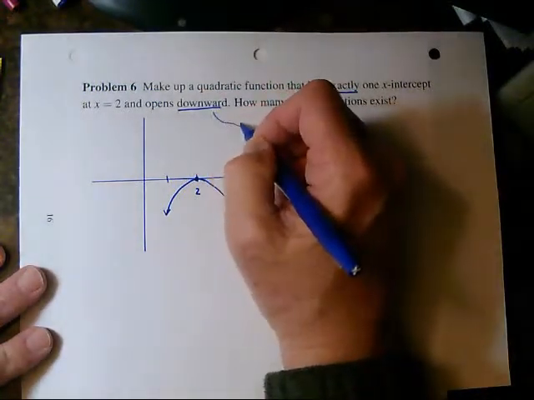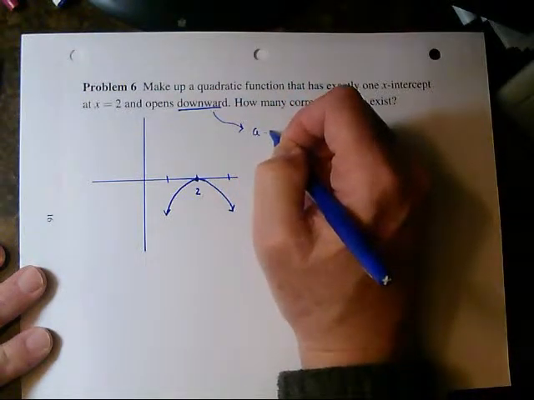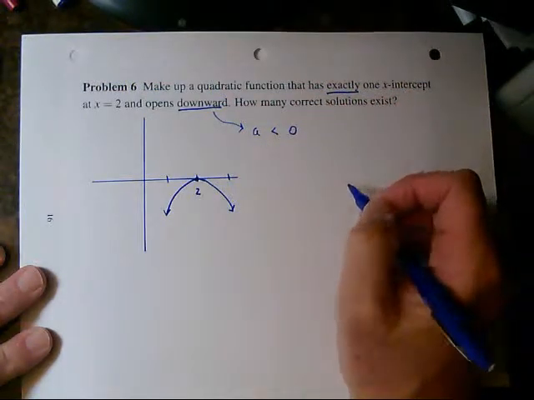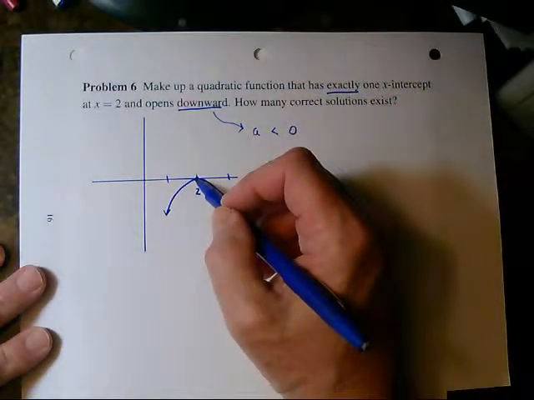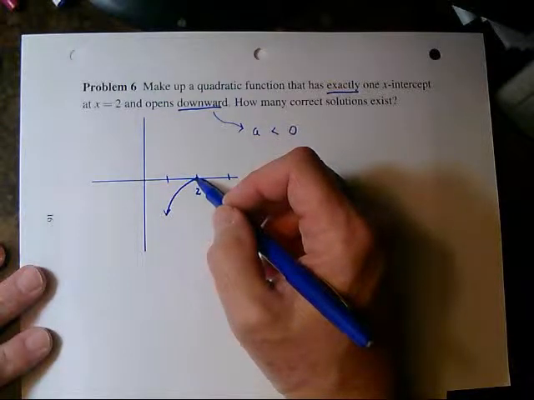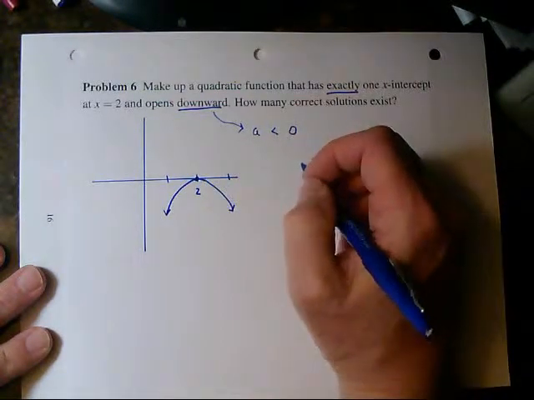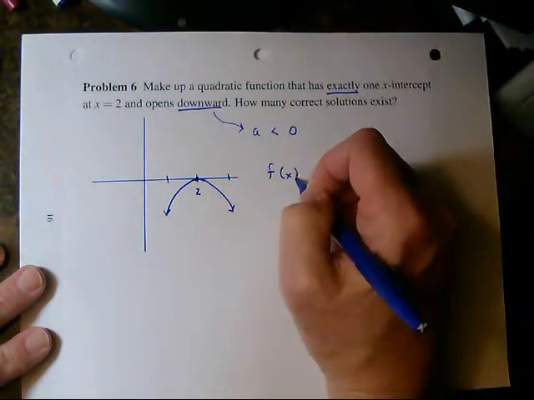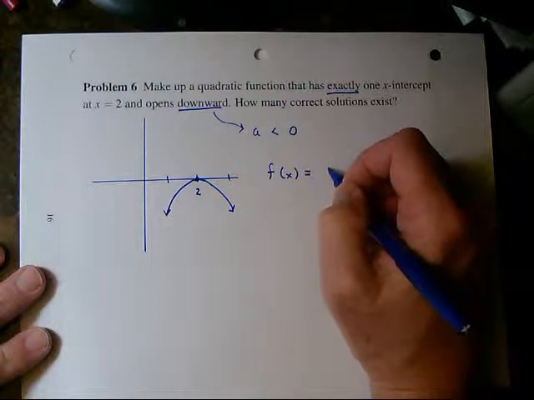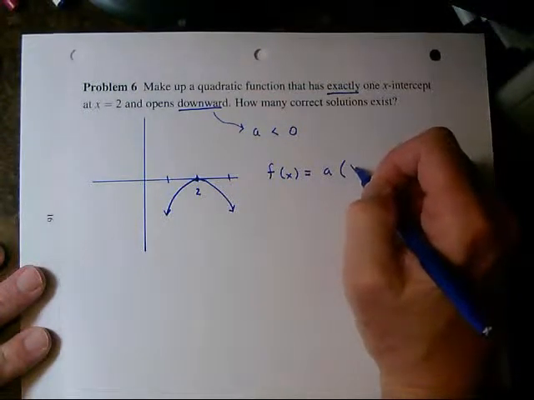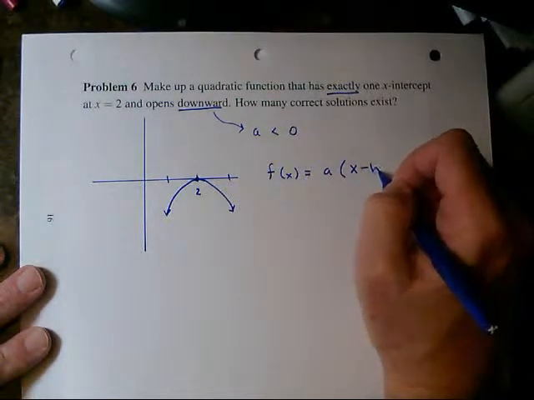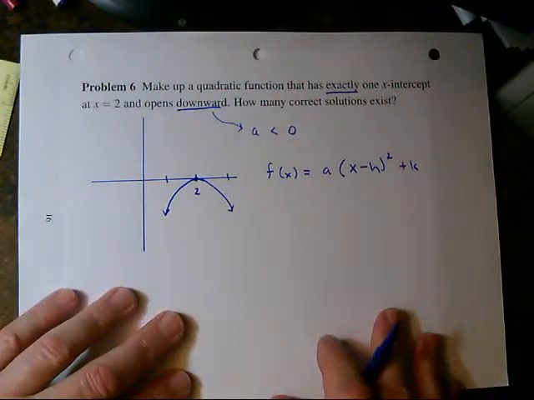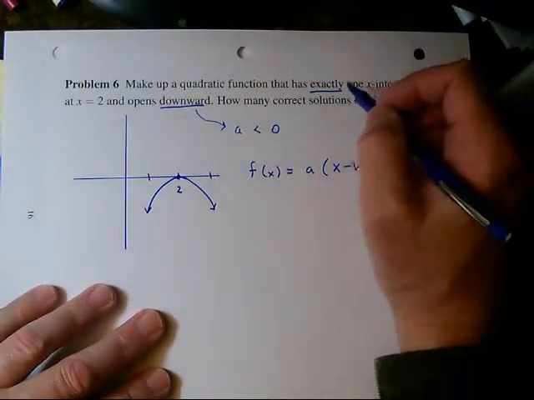Well, we want to write something about the formula. We know that since it opens downward, the coefficient a is negative. a is less than 0. We know that since we have exactly one x-intercept, and that's the vertex, then the formula is going to have to look something like f of x equals a(x minus h) squared plus k.